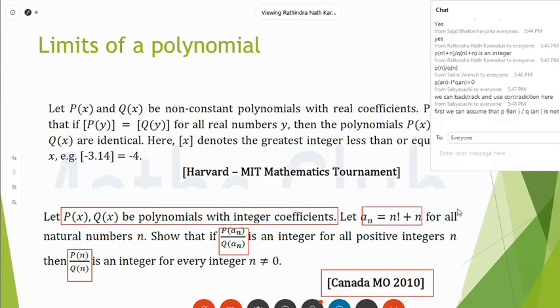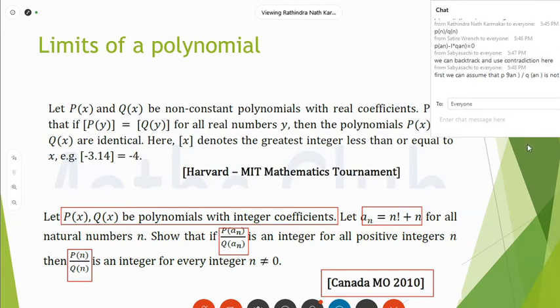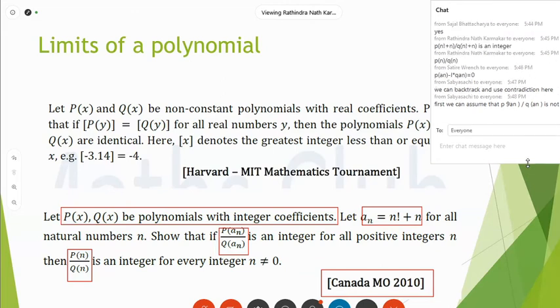So first we assume that p of n minus q of n. No, you cannot assume that. It is given that p of n by q of n is an integer for all natural numbers n. You have to prove the last part, that p of n by q of n is an integer for every n not equal to 0. That thing is given to you.